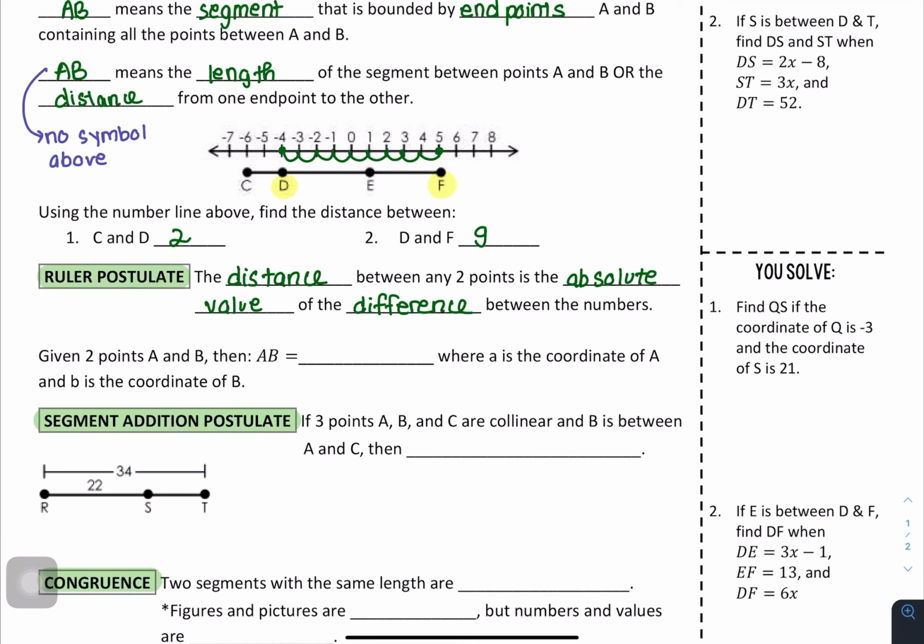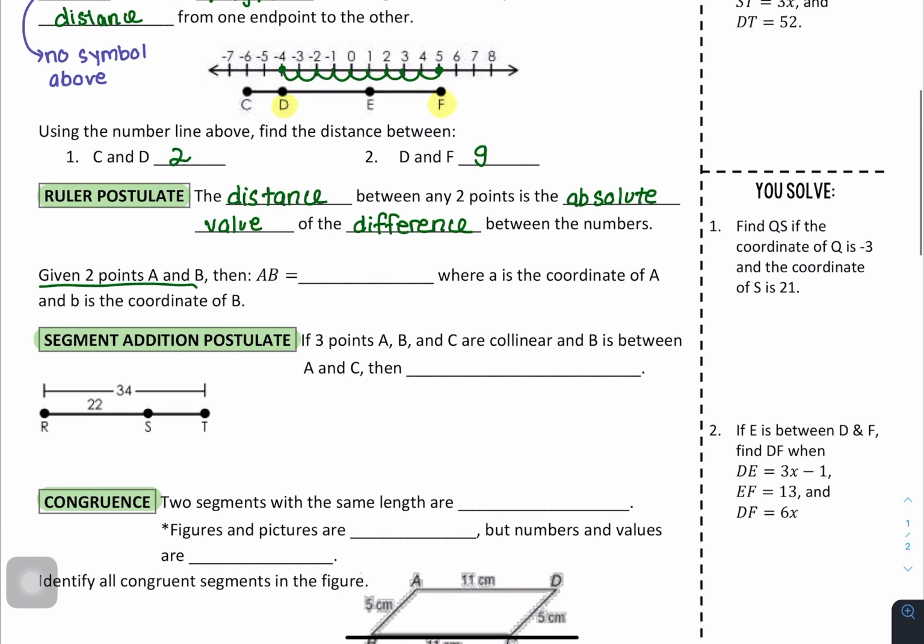Okay, now given 2 points A and B, then we have the distance AB equals the absolute value. Okay, make sure distance is always positive. So absolute value of the difference between those 2 points, which will equal small a minus small b.